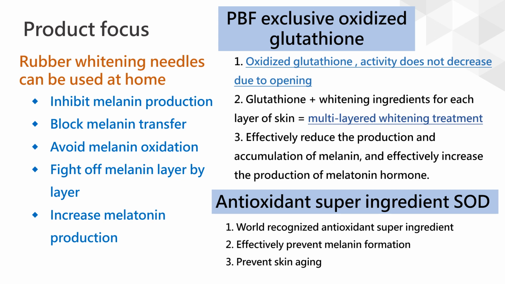Overall, these products help prove our claim that our BDS glutathione helps whiten our skin complexion without the use of skin injections, and is even easier for our customers to help their skin problems.